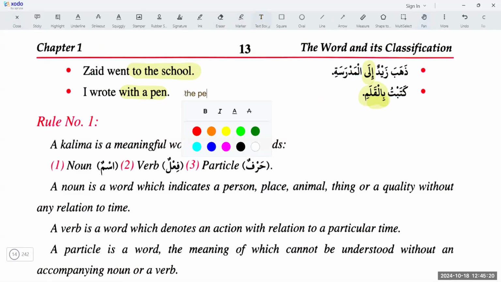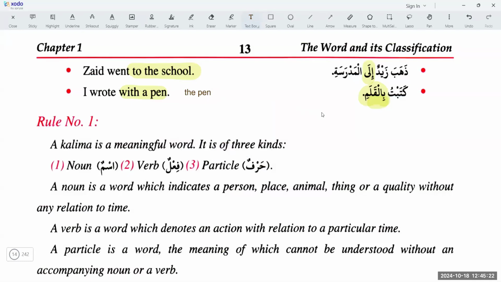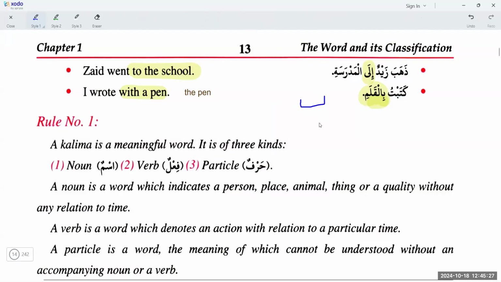Here this ba we have used with al qalamu. So al qalamu is a definite article. So for definite we use the, not a.